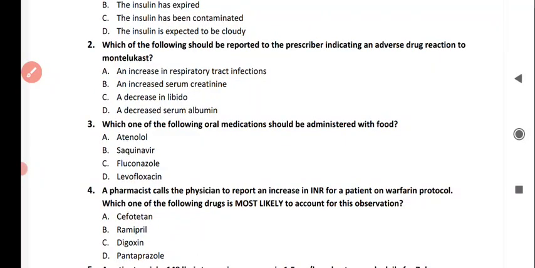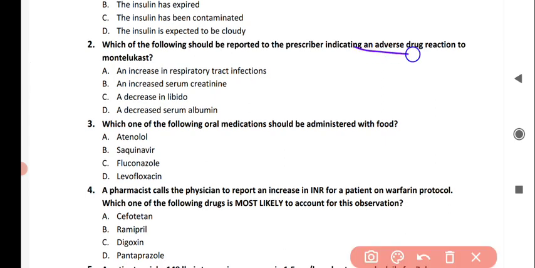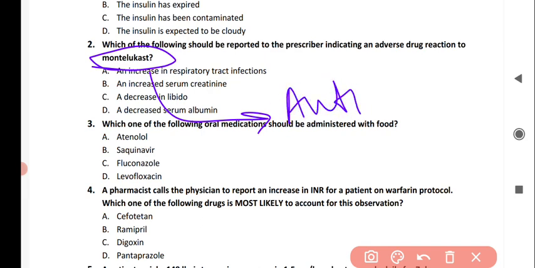The next question is, which of the following should be reported to the prescriber as an adverse drug reaction to montelukast? So we have to find among these which one is the adverse drug reaction to montelukast. First, let us know what montelukast is. It is an anti-asthmatic drug. It is basically a leukotriene receptor antagonist and used in mild asthma.